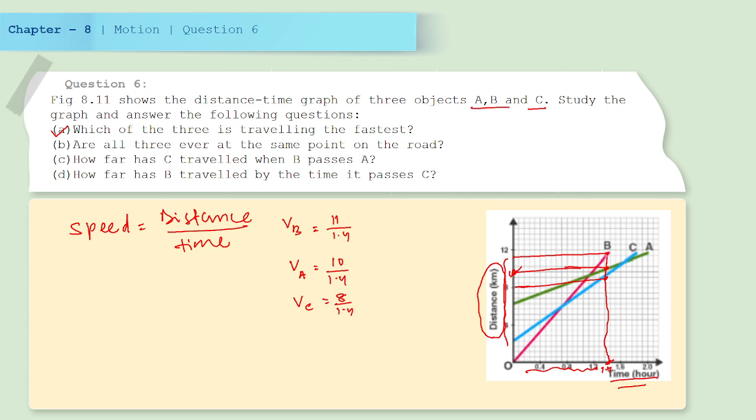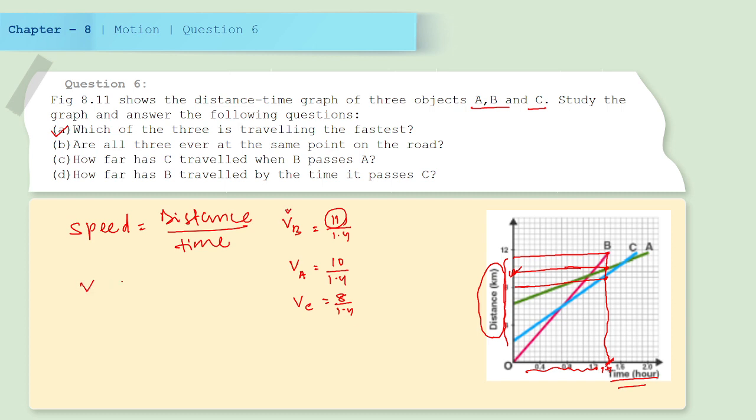So my plan in dropping a perpendicular on the x-axis is to make the denominator equal, so that we can compare who has the highest numerator, which is maximum in VB.